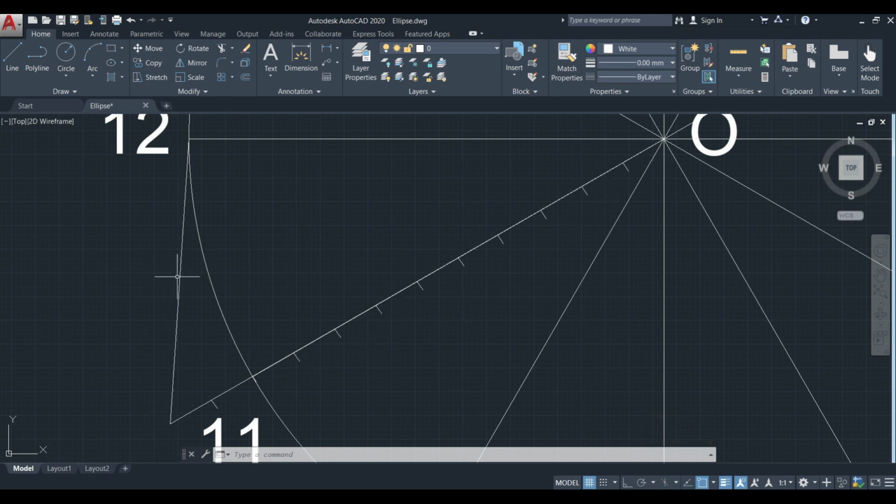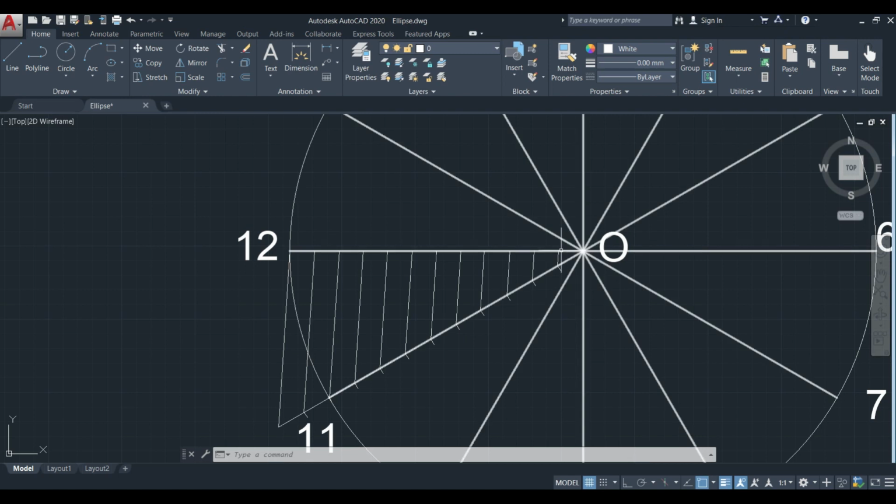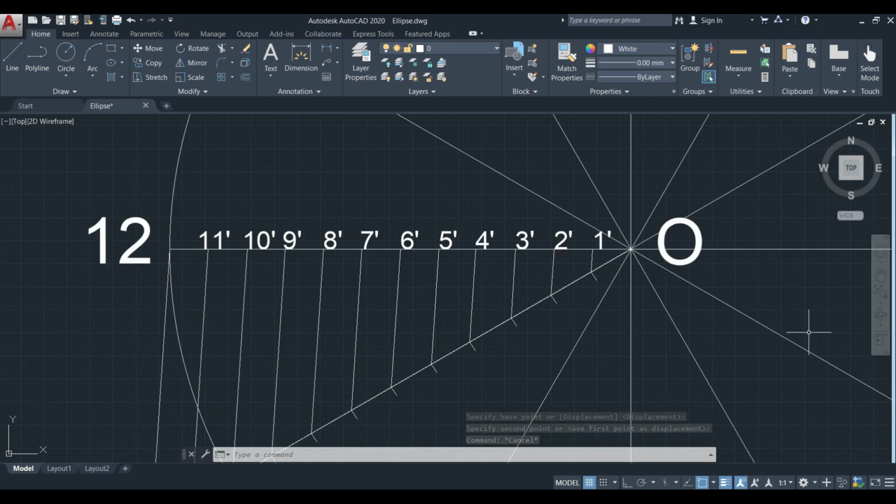Then we have to draw lines parallel to this particular line through each and every individual division point on this line. So here the line O12 is divided into 12 equal parts. Now it is required to mark the points on the divisions like this.